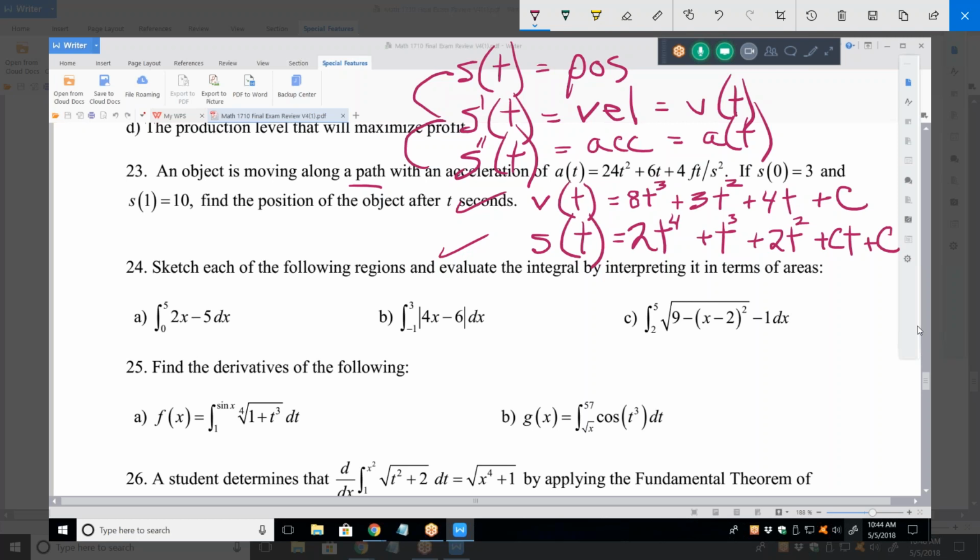Now they're going to give me two simultaneous equations. One of them is s of 0 equals 3. So what does that tell me? That means that in my particular case here, that's equal to 0 plus 0 plus 0 plus 0 plus c. So that tells me what this c is. That c is 3.